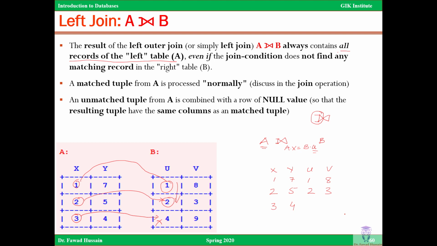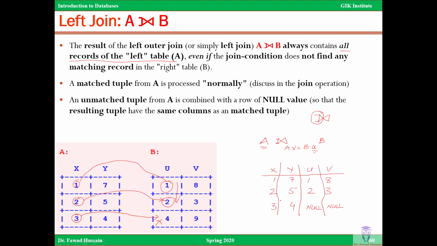But what do I do here? Since I don't have a matching entry, what do I do here? These 4 and 9 are not corresponding to this. So I'm just going to write it as null. So this is how the table is going to look like.